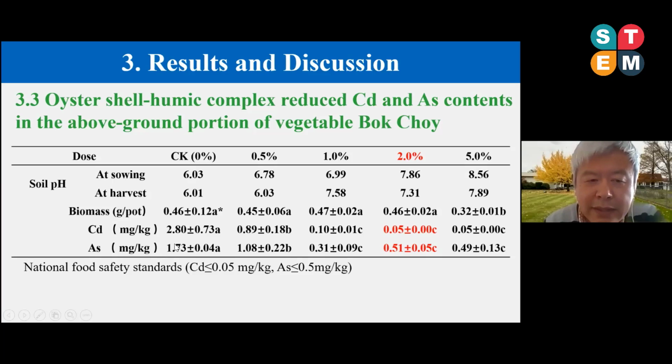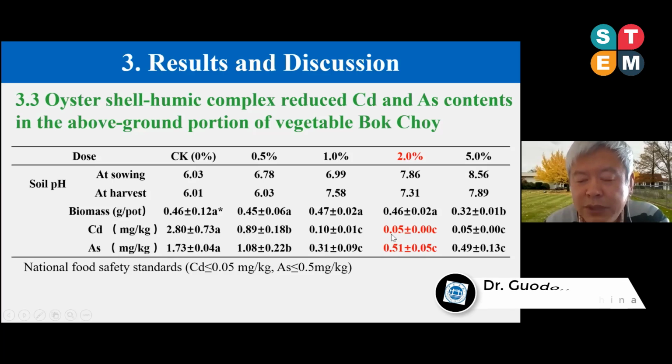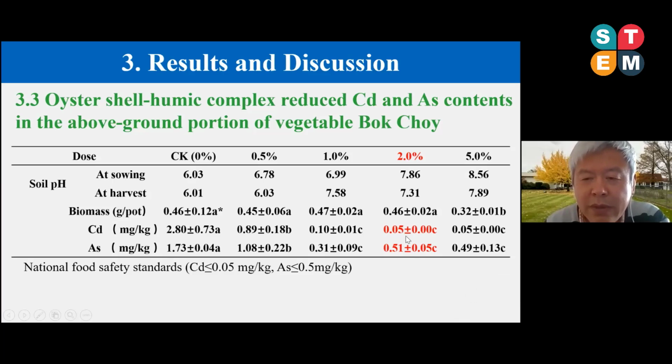And the toxic cadmium and arsenic content in the vegetable is reduced when the dosage increases to 2%. Specifically, by adding 2% of the amendment, we can reduce the toxic metal concentration below or close to the national food safety standard.